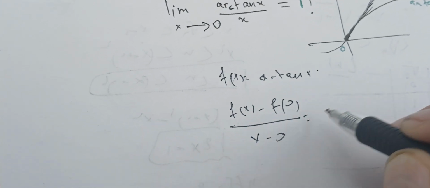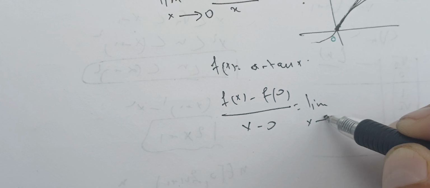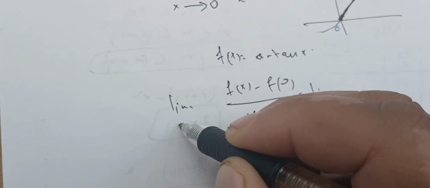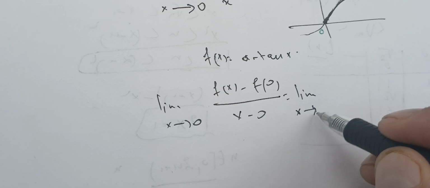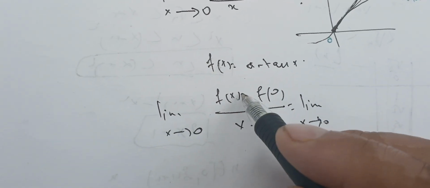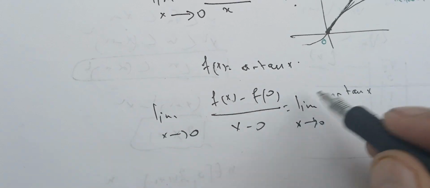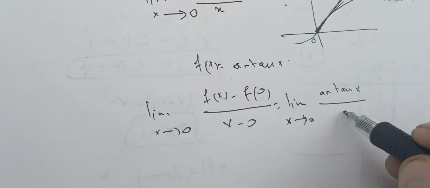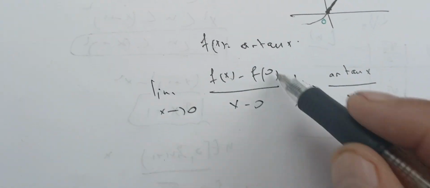So here the limit as x goes to 0 of this one here. Our function is the arctangent, and the arctangent at 0 is 0, and x minus 0 is just x. And we see here this is the limit.